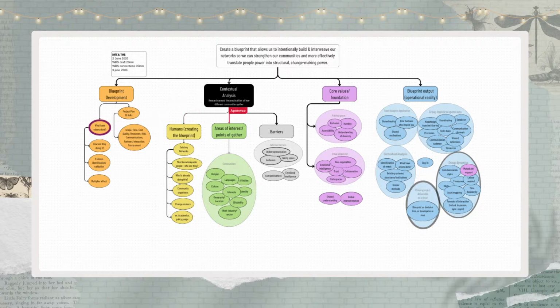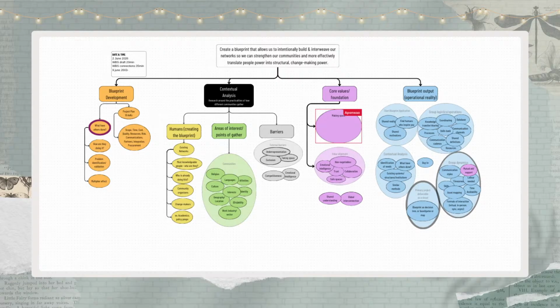So we can see what are musts, what are maybes, and what is negligible, something that really doesn't have to be in the operational reality, but it helps to build the operational reality. Exactly.